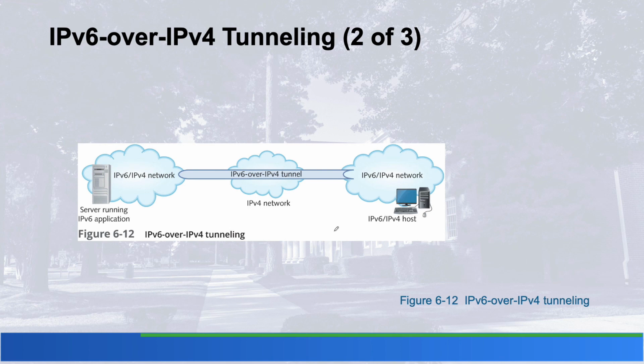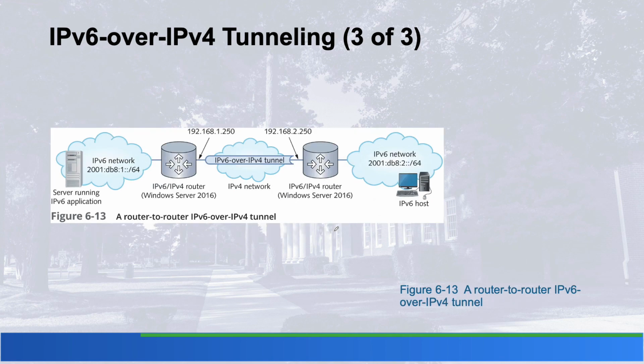All right. Like I said, once it connects to the other router, it dumps it out with this address. It drops the IP version 4 address.